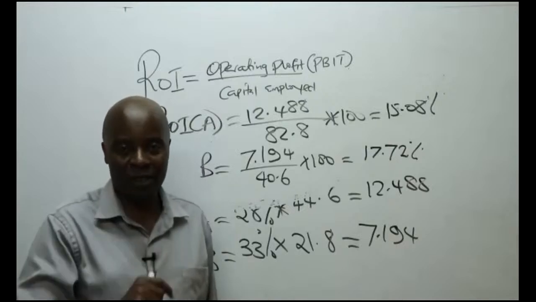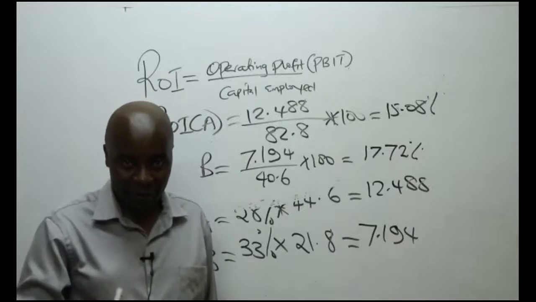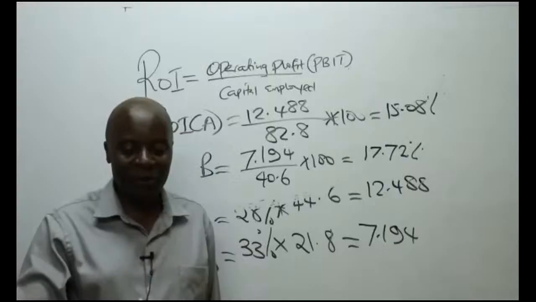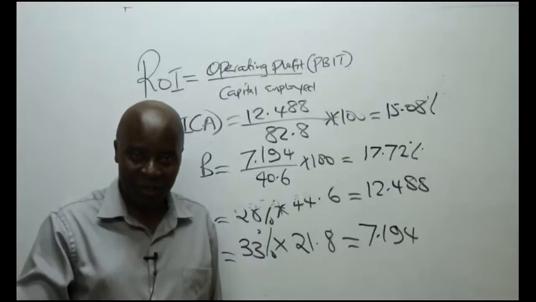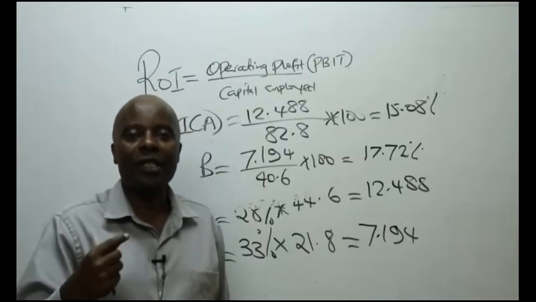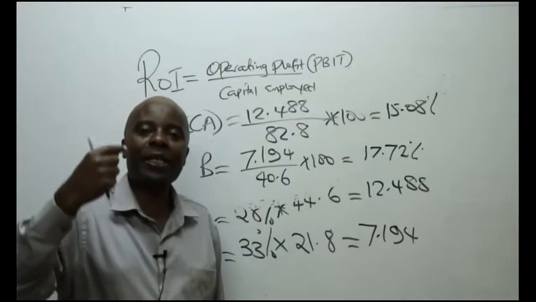Which division is posting a better performance? I'm waiting for them to tell me the better performing division. B. Remember, the higher the ROI, the higher the ROCE, the better the performance.